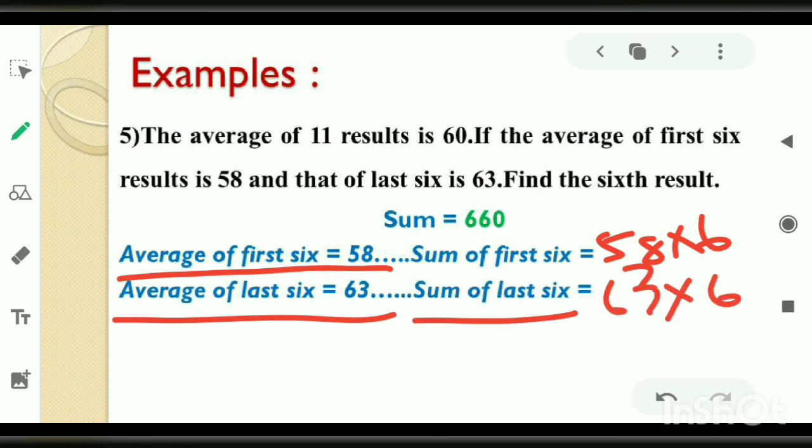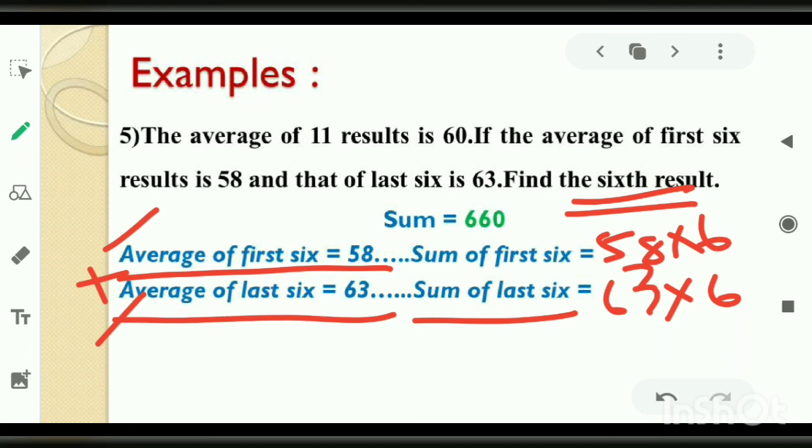Now, what do we have to find? We have to find the 6th result. When we add these two values, we get the sum of 12 values, where the 6th value is added both in the first case as well as in the last case.